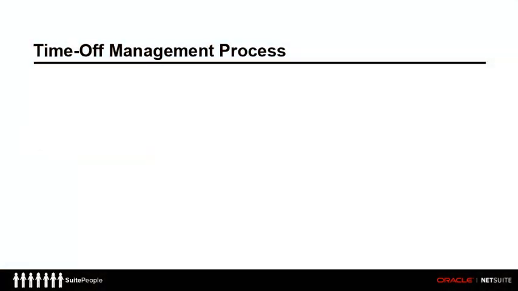Let's now take a look at each of the steps involved in setting up time off management. The first step is to create time off types for the different categories of time off employees can take. For example, you would create a time off type for vacation and another for sick leave. I'll be going over this part of the process in detail later on in this video.